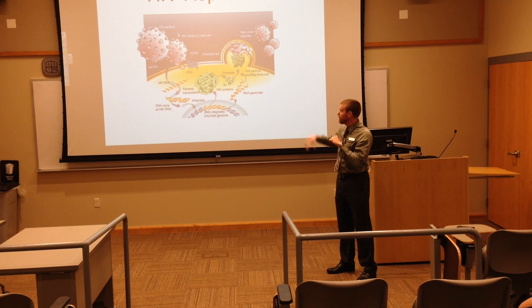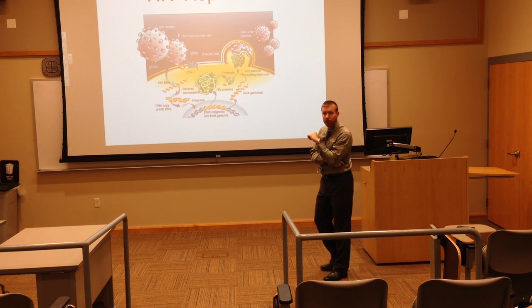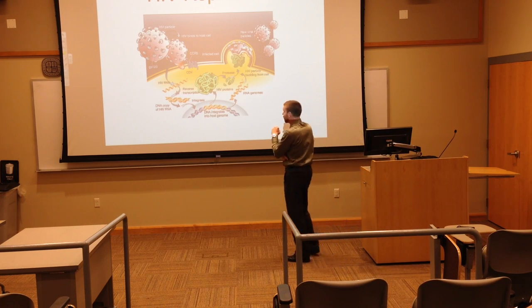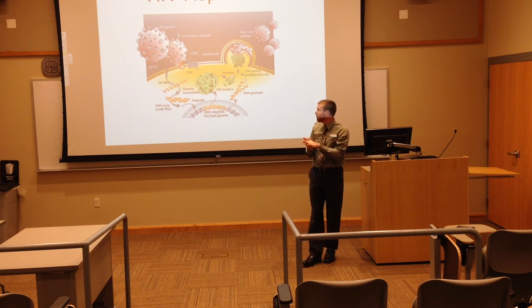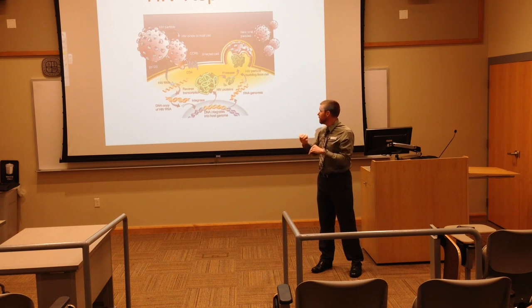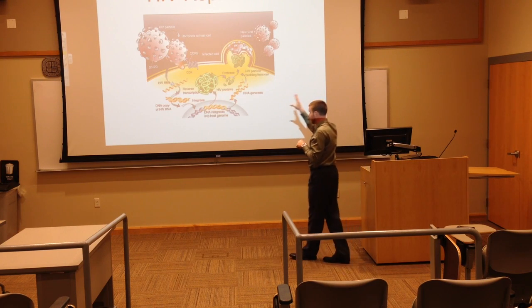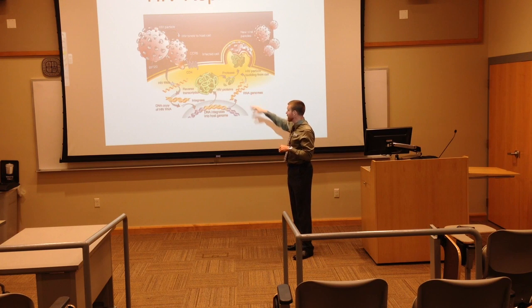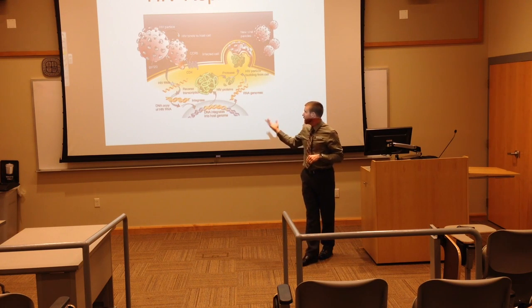That also allows GP41, the other glycoprotein on the HIV particle, to bring the membrane of the HIV virus and the membrane of the CD4 cell together. We get fusion. The HIV virus enters the cell, but it's RNA.